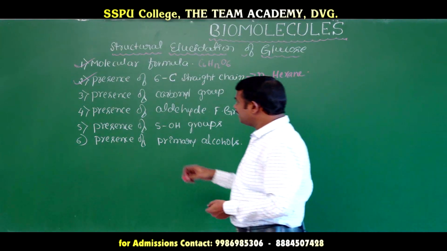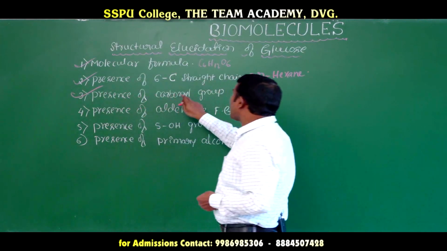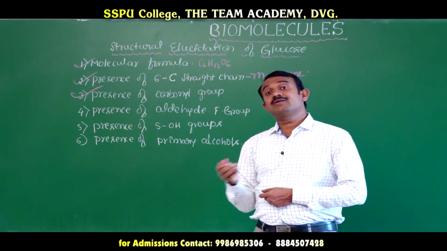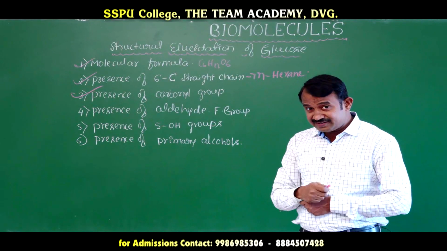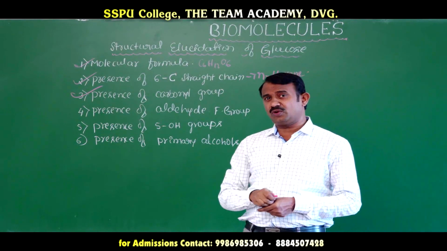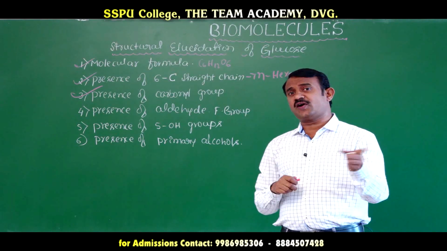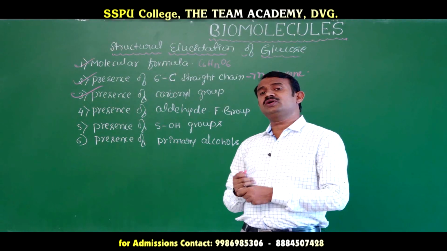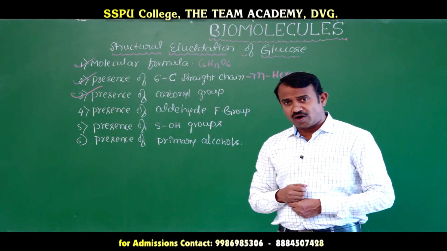Next, the presence of a carbonyl group, which we already discussed in aldehydes and ketones. Carbonyl compounds react with hydrogen cyanide to form cyanohydrin, and react with hydroxylamine to form oxime.